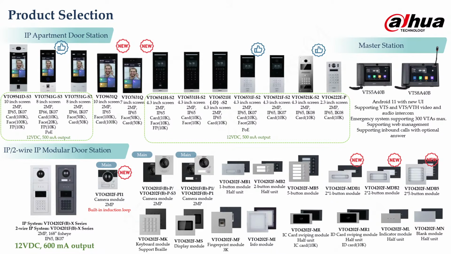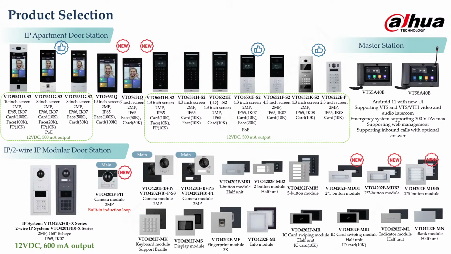support PoE, so the cabling is really simpler than before, and most of the VTOs have upgraded power output. For example, if you check the modular series, which is one of my favorites, it is upgraded.